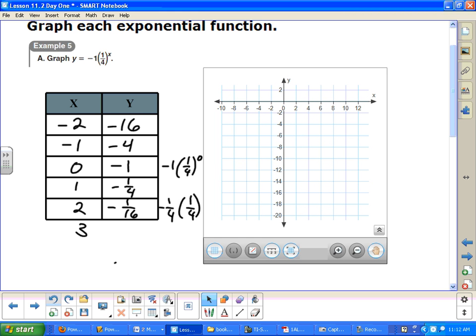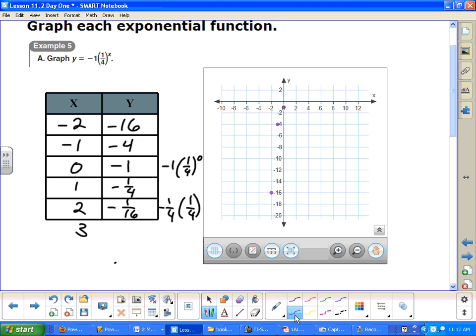This is going to be a pretty steep graph then. So I've got the points 0, negative 1, that's right here, my y-intercept. Negative 1, negative 4, right there. Negative 2, negative 16. Then I've got these other two that I can't put in there.